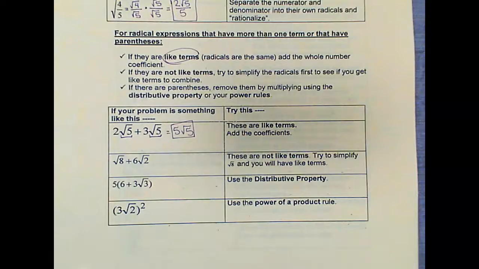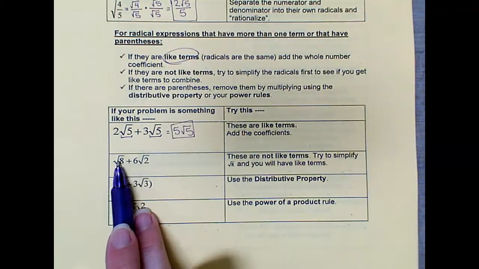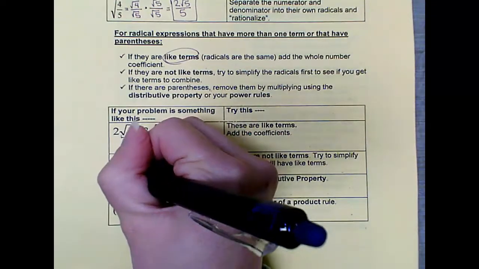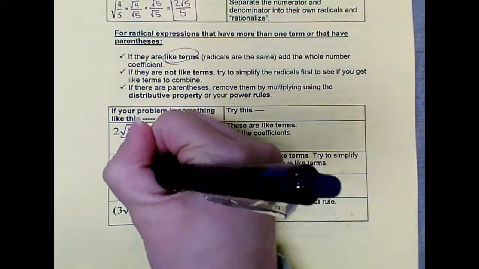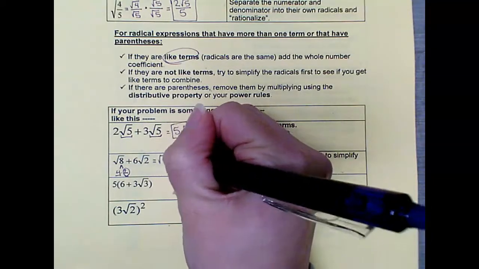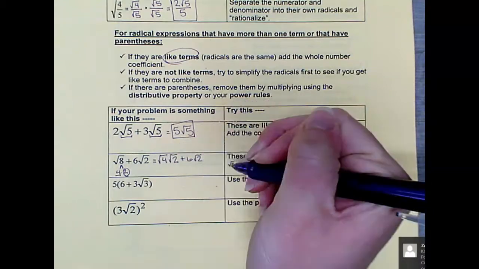Now, if they're not like terms, like the square root of 8 and 6 square roots of 2, perhaps I can try to alter this so that I do have like terms. So I can split this into a 4 and a 2. The 4 is a perfect square. The 2 is a prime number. So I can make this square root of 4 times square root of 2 plus 6 square roots of 2.